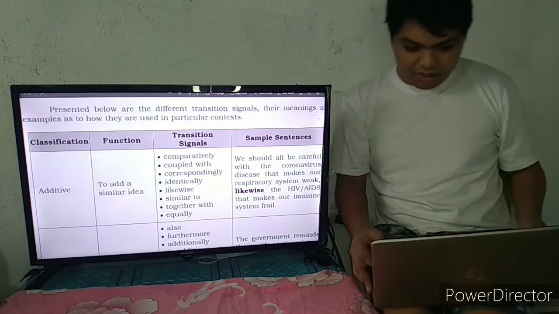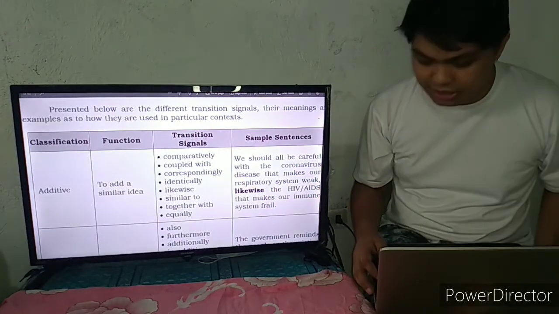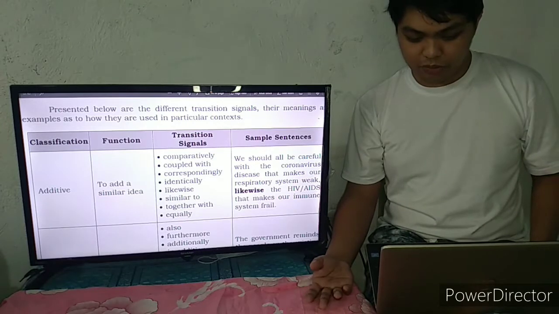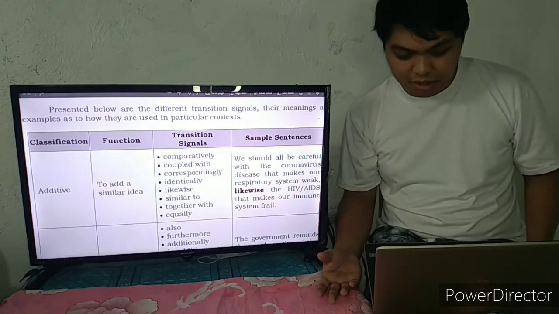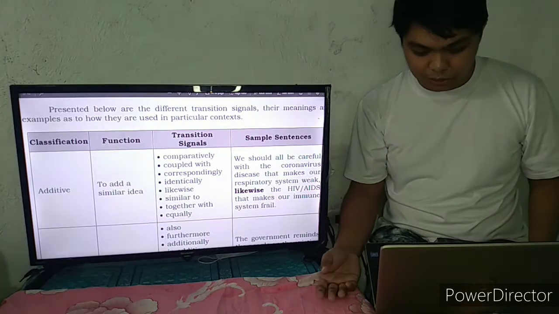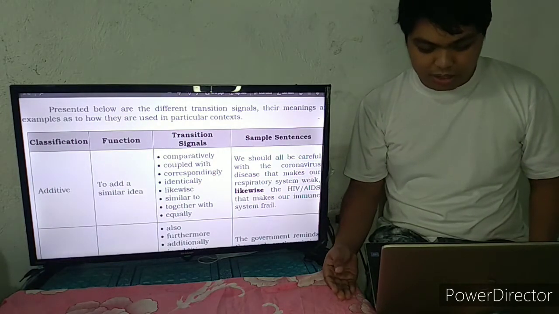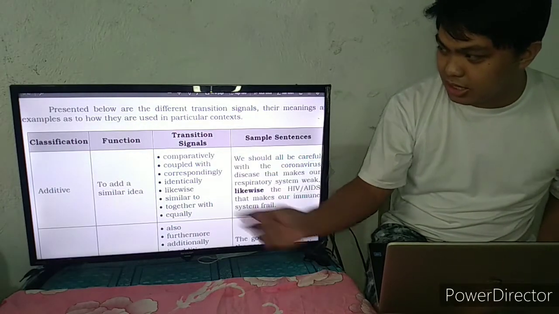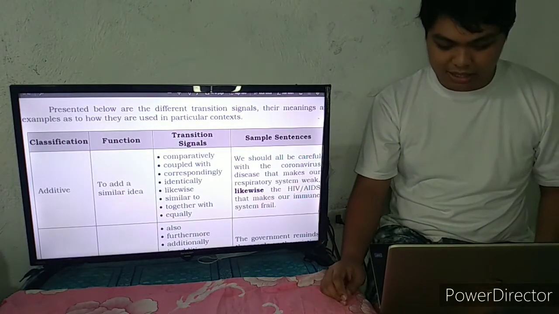So, these are the transition signals: comparatively, coupled with, correspondingly, identically, likewise, similar to, together with, equally. Okay? Ito yung mga transition signals para sa additive.